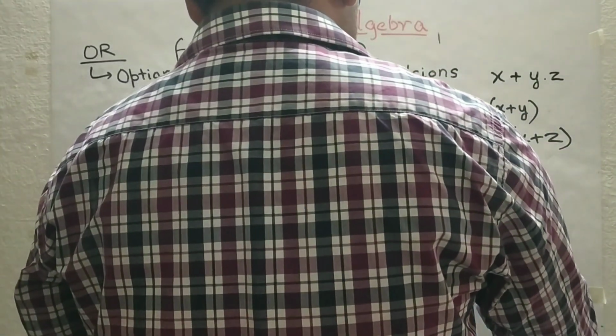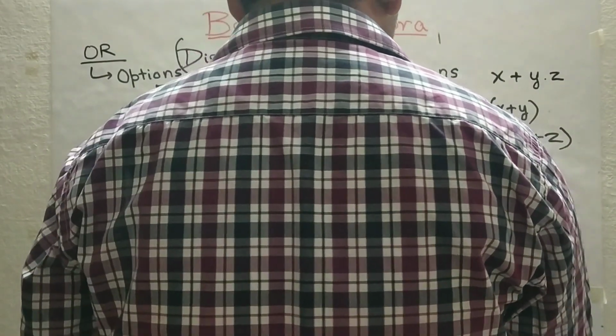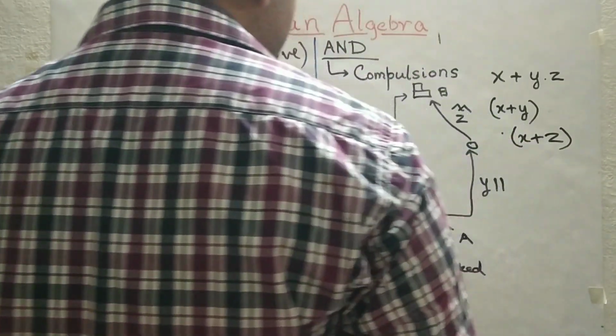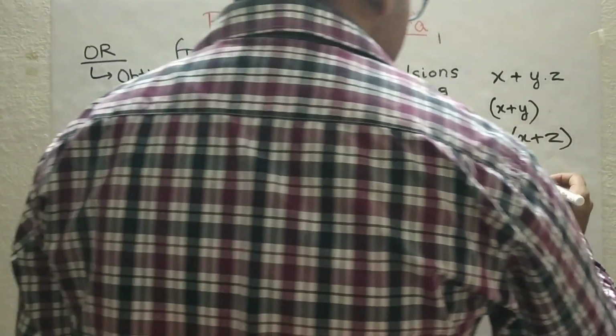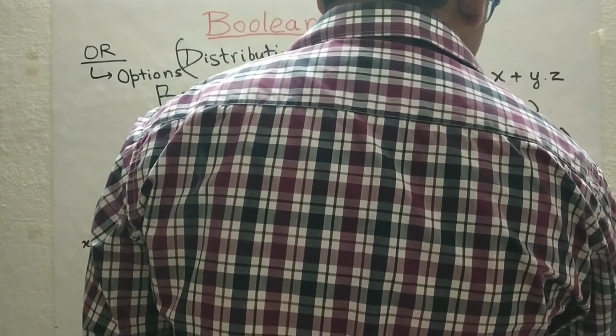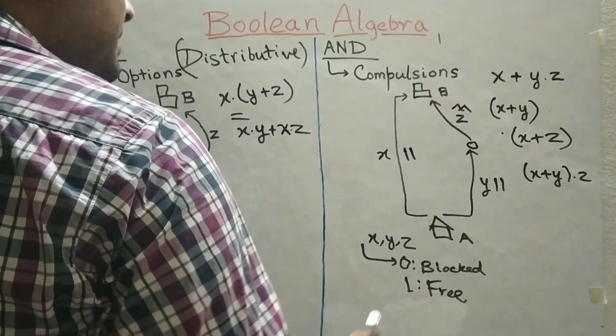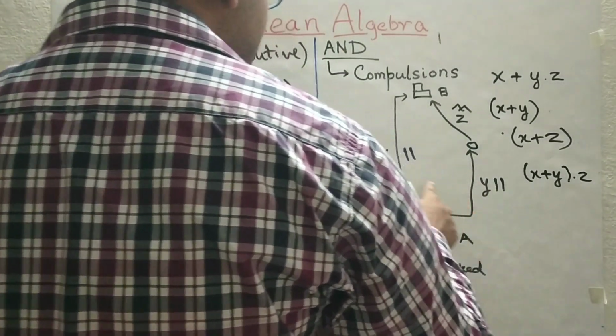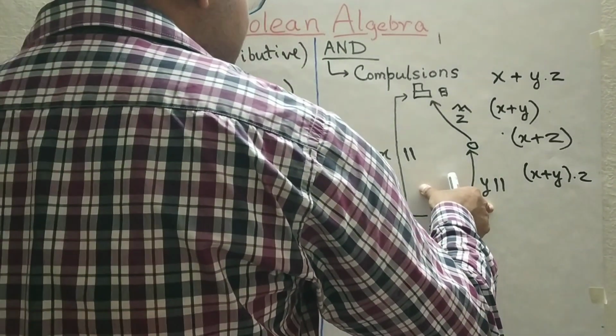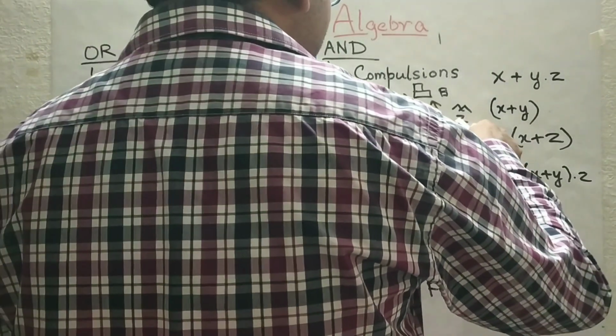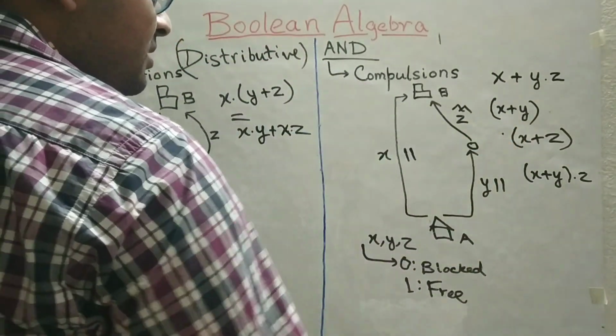So suppose X was free, then what will happen? If you wrote it like X or Y and Z, okay, then what is happening? In the first part of the problem, X and Y both are free, and in the second part of the problem, Z is blocked. So can you go?